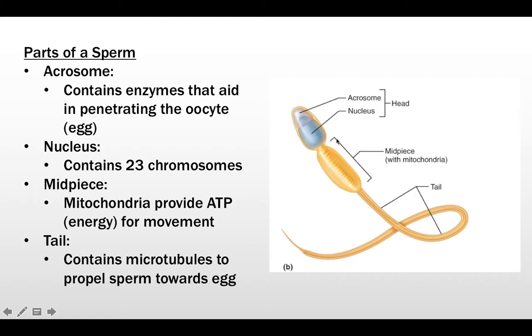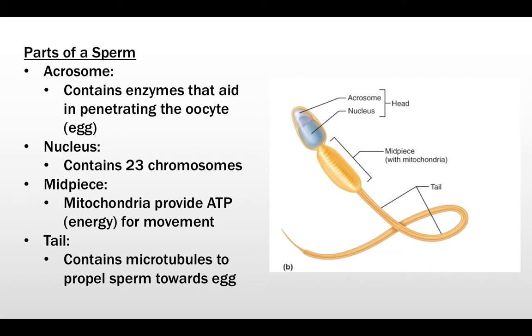In the midpiece, we do need power. And so powerhouse of the cell, the mitochondria are going to exist here in the midpiece, breaking down glucose, using oxygen to create ATP. And that is primarily for the last piece, the tail. That tail contains microtubules that spin, and that allows it to propel the sperm towards the egg.